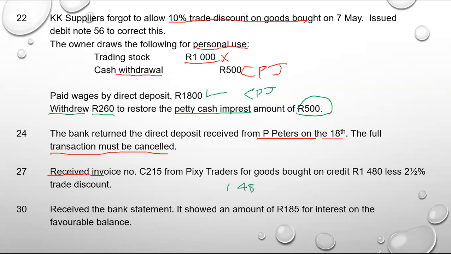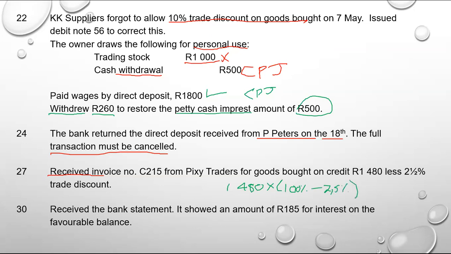1,480 and make sure we record it at an amount excluding a trade discount, because we do not record a trade discount. So I'm going to multiply this by 100%, and then from this 100% minus 2.5%. So we'll minus 2.5%.